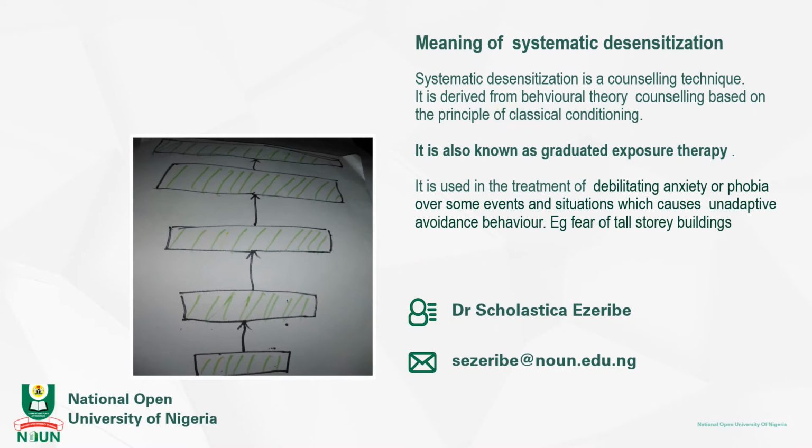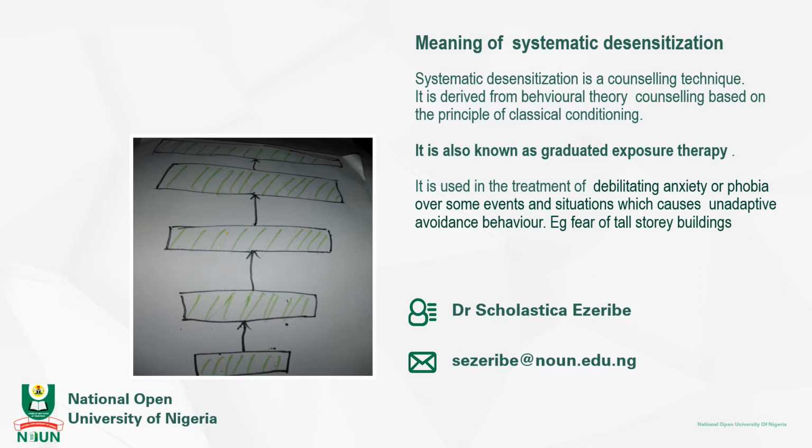Now, we go to the meaning of systematic desensitization. What is systematic desensitization? It is a counseling technique, one of the numerous counseling techniques. We've been talking about counseling techniques in our last lessons.